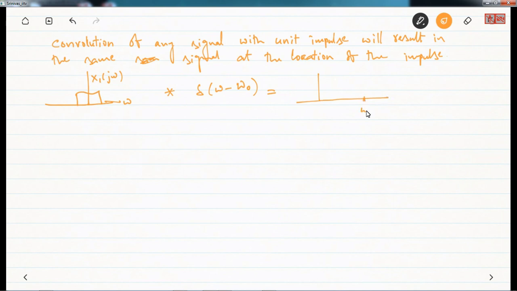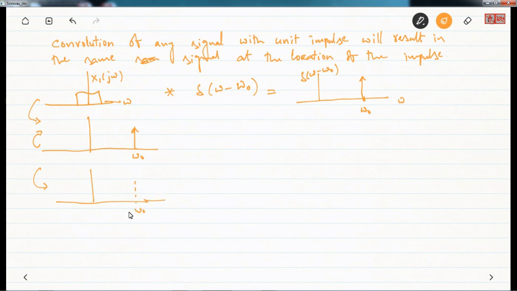That means at omega naught I have an impulse, right? If I convolve these two signals, the convolution of these two will result in the same signal reappearing at omega naught.